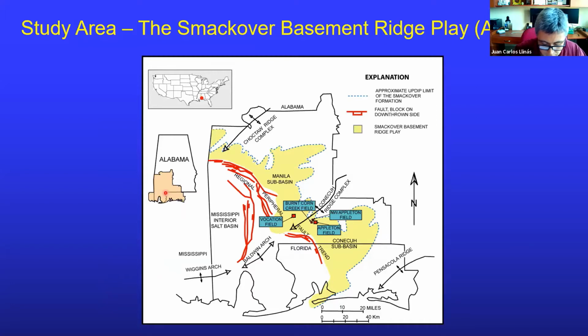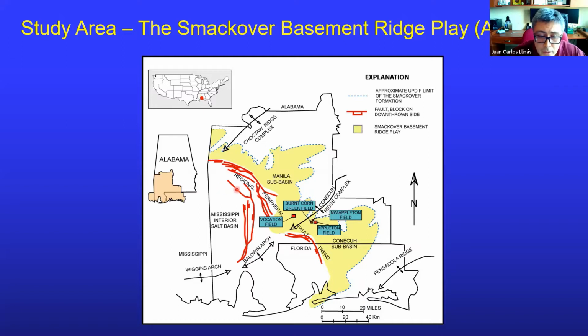In the Upper Jurassic, in this part of the Gulf of Mexico, the active limit of the Smackover consisted of several sub-basins or embayments that were very shallow and restricted, rimmed by basement paleo highs and uplifted blocks in ridges that were produced as the result of the extensional tectonics associated with the opening of the Gulf of Mexico.